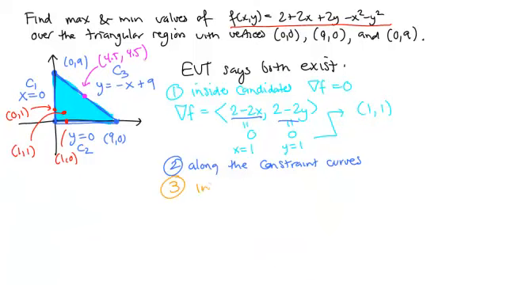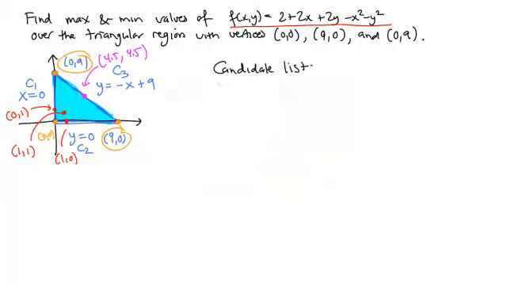Finally, we need to look at the intersection points, the points where the curves match up. So there's the point 0, 0, the point 9, 0, and the point 0, 9. So this gives us a grand total of 1, 2, 3, 4, 5, 6, 7 points to test. So let's write down our list. We have the point 1, 1, which we found by looking inside the region.